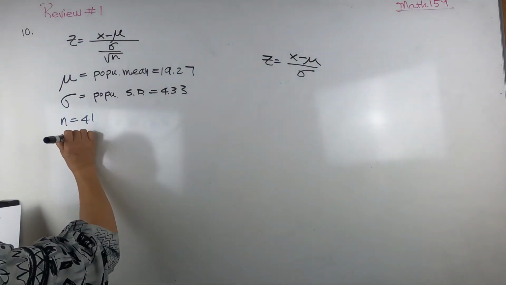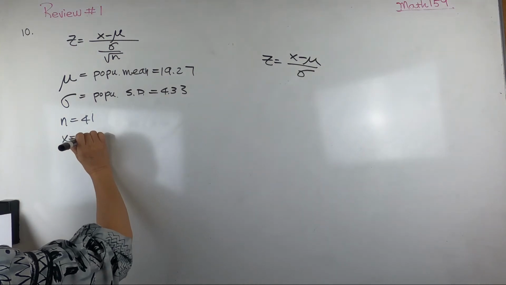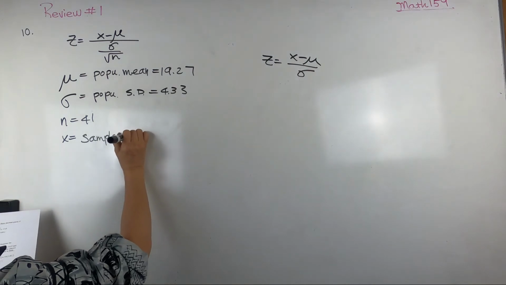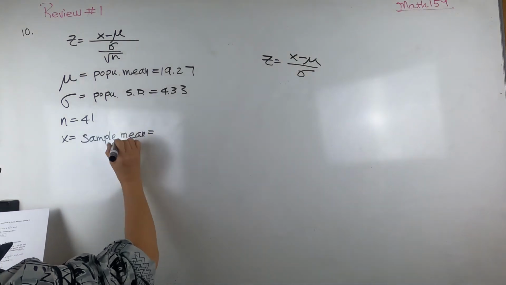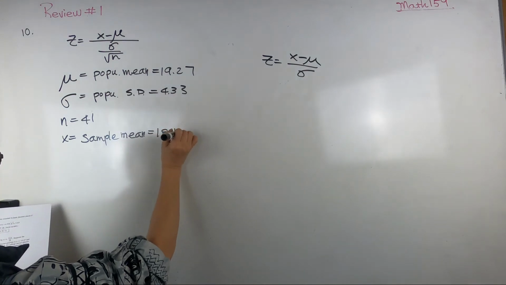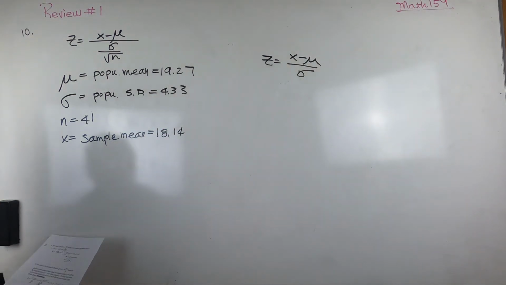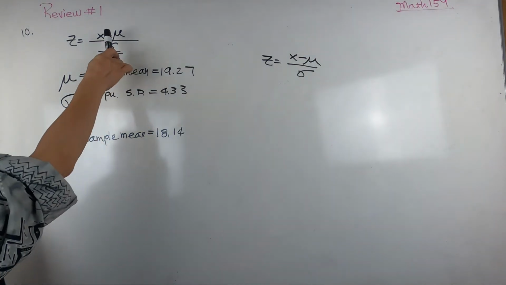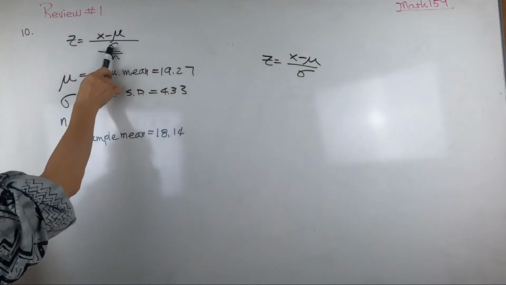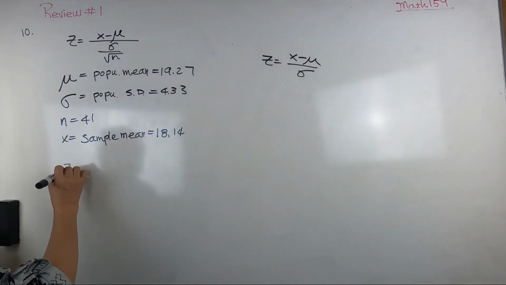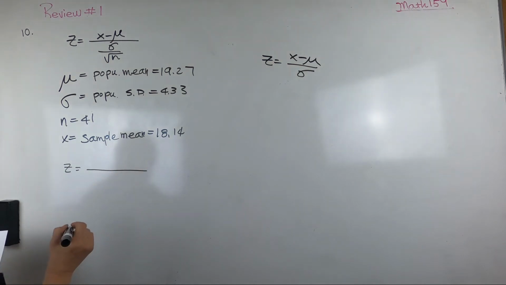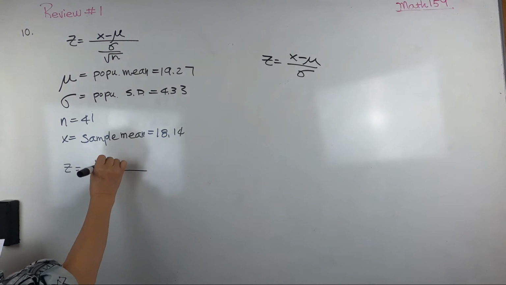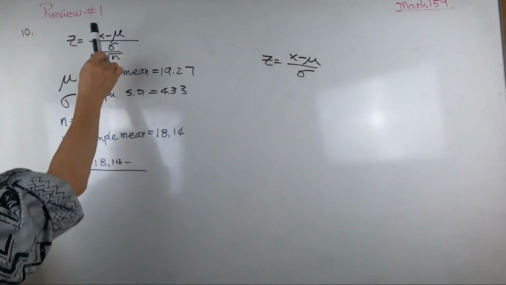Then x is used for what? Your sample, not the population. It's a sample mean, average. Mean means average, right? 18.14. So what was the question? Find the z-score, right? You have all the numbers, x, mu, sigma, and n, so you should be able to find your z-score. You just plug in. x is 18.14 minus mu.